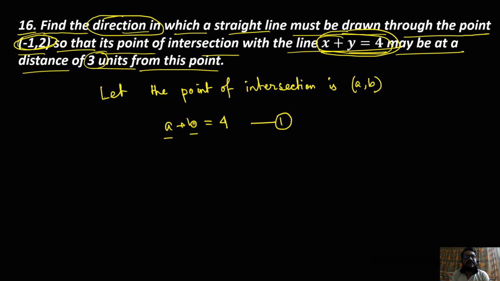We have two unknowns, so we have to make another equation from the fact that this point of intersection is 3 units distance from -1, 2.